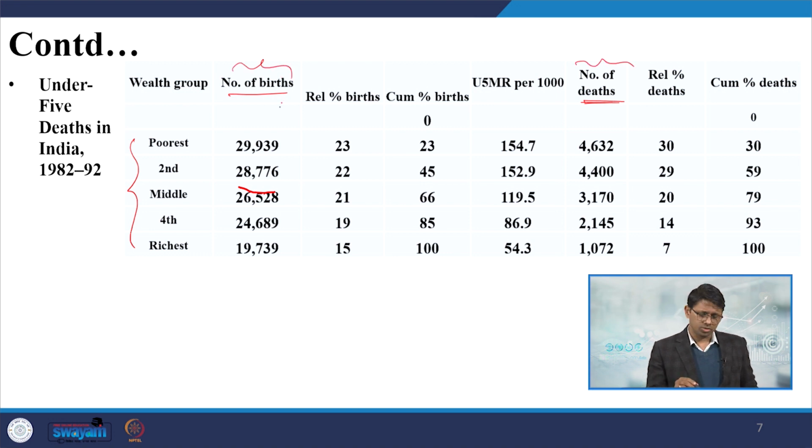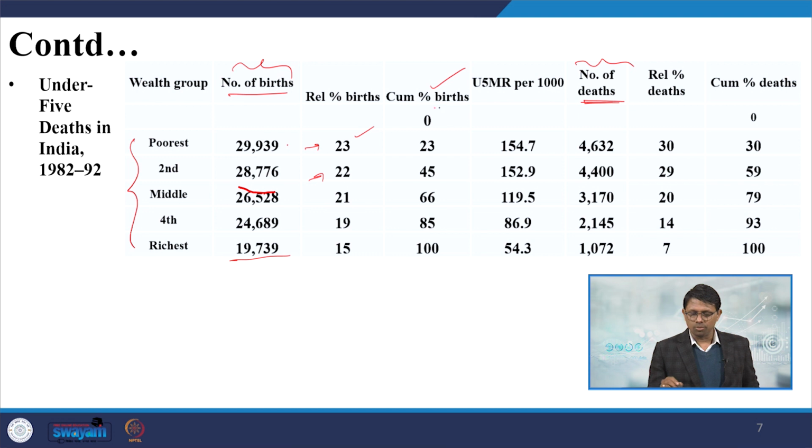Okay. So, if you have this, we can derive the concentration curve. The first aspect is the relative birth percentage. What is done: this is 23%, this is 22%, and so on, divided by the total number, and we will find this out.